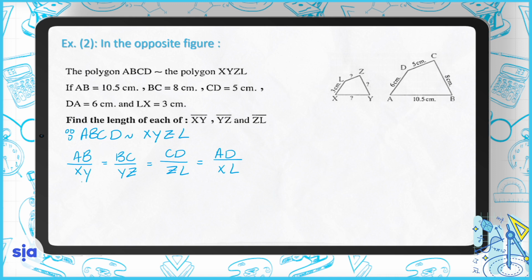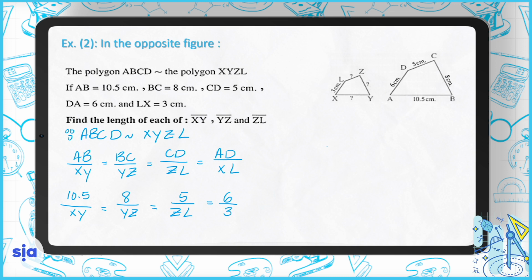So if you put the givens, you will see that AB is 10.5, so it's 10.5 over XY, which is unknown, equals 8 over YZ equals 5 over ZL equals AD, which is 6, over XL, which is 3.